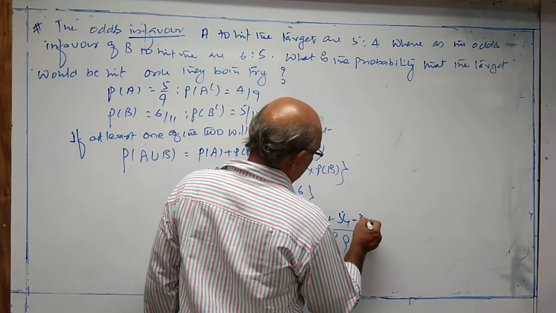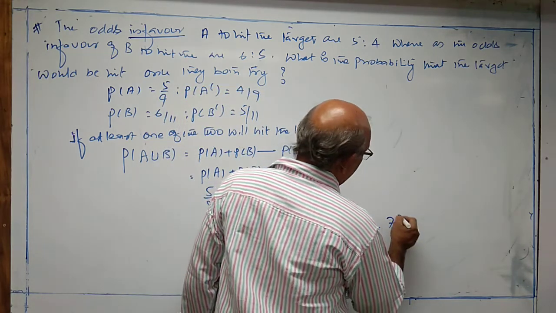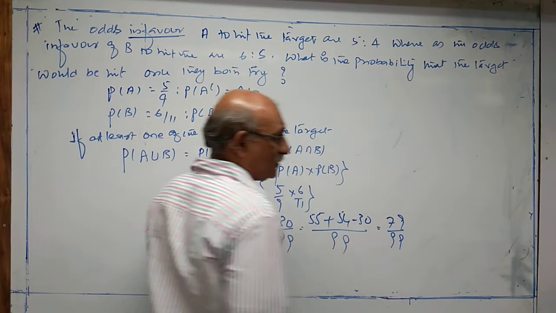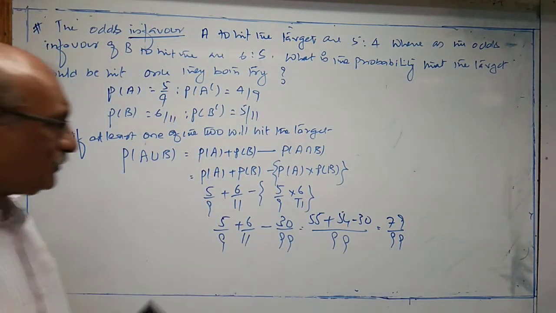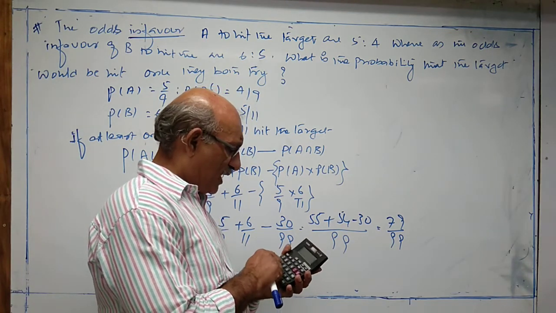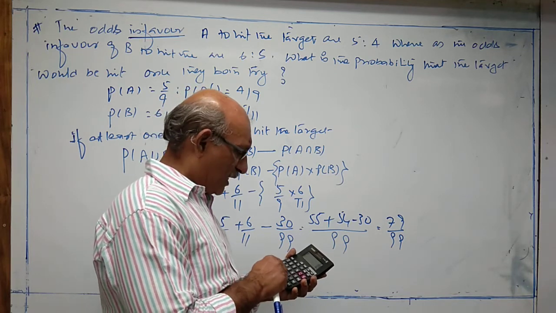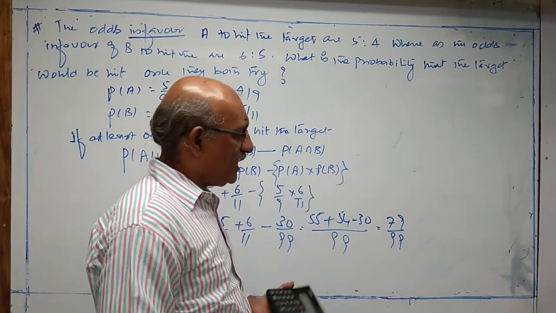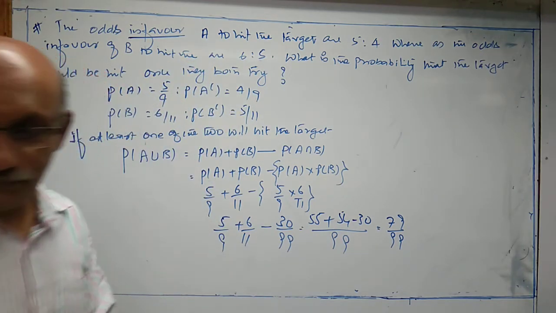Then minus 30. Let me check the calculations, sir. 55 plus 54 minus 30 is 79 by 99. That is the answer to the question.